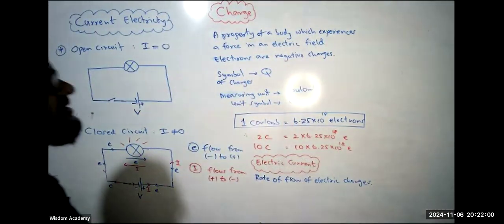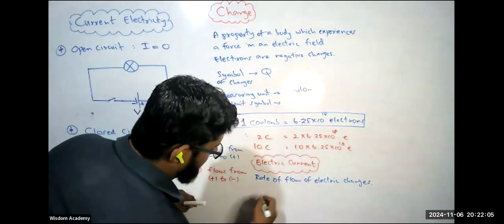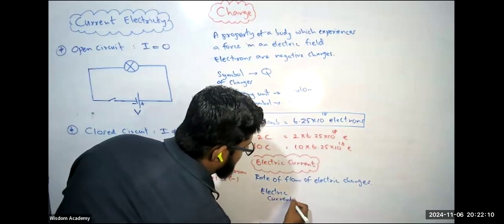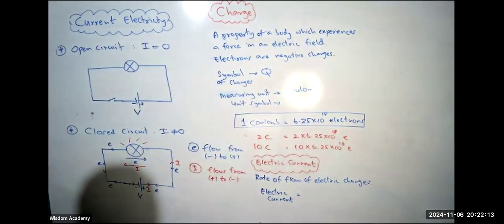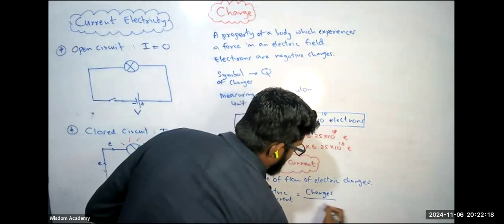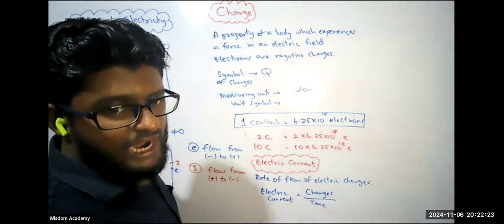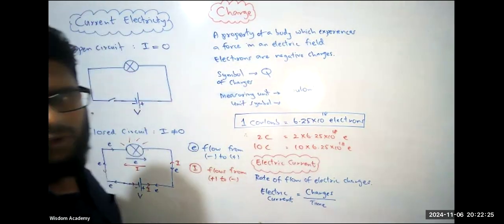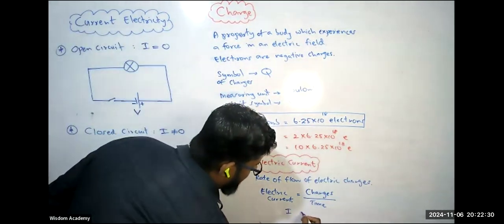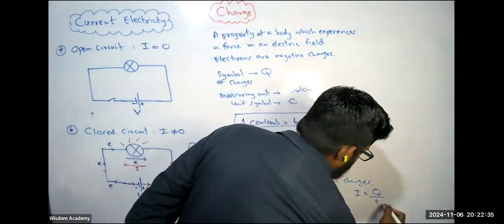The electric current is equal to the charges carried over a unit time, dividing by the time. So I is equal to Q over T. That is the formula we are building up here.